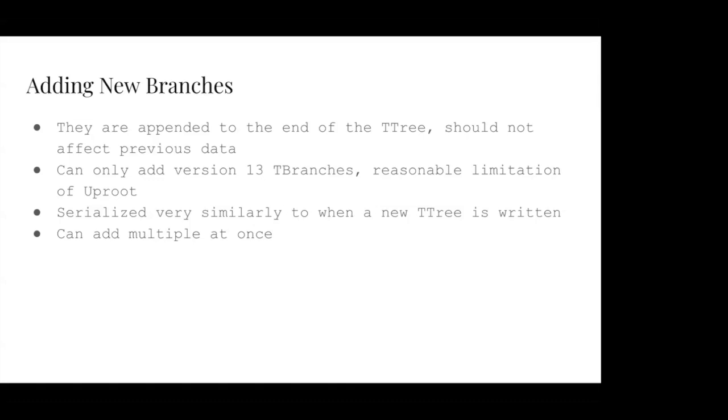So it shouldn't be a huge problem, as Uproot can only write version 13, which is reasonable. These are serialized and written very similarly to when a new t-tree is written by Uproot, and multiple can be added at once. So yeah, that's a summary of my work this year. Thank you.